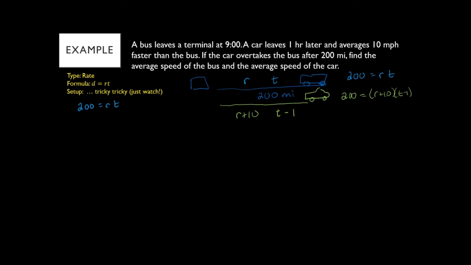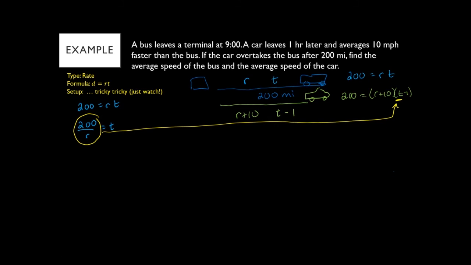So instead of having 200 equals RT, if I divide both sides by R, I get 200 divided by R equals T. Then I'm going to take my second equation and replace T with what I just wrote. So where I see T, I'm going to replace it with this 200 over R. And that way we can get rid of the time because we're looking for speed.